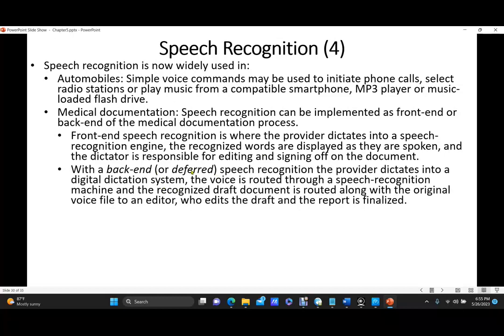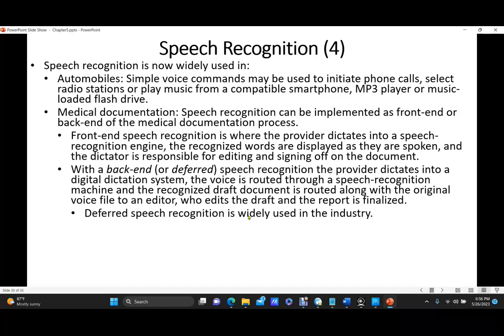With back-end or deferred speech recognition, the provider dictates into the system, and the voice gets routed through the speech recognition machine, and the recognized draft document is routed along with the original voice file to an editor who checks the draft and corrects any mistakes before producing the final report.